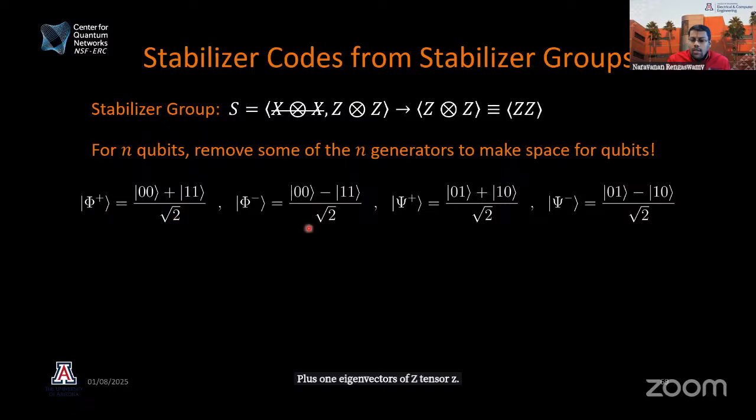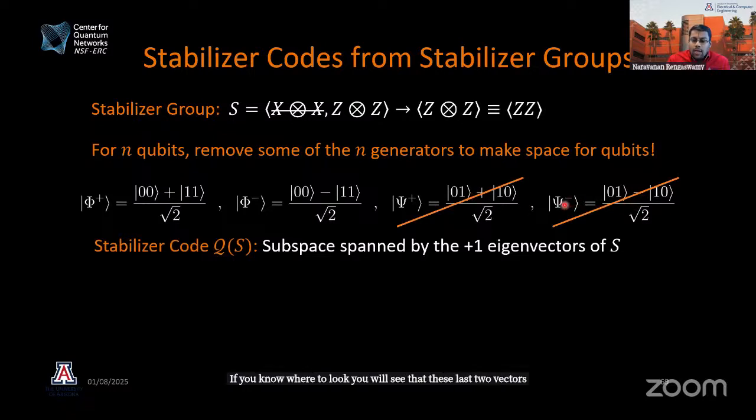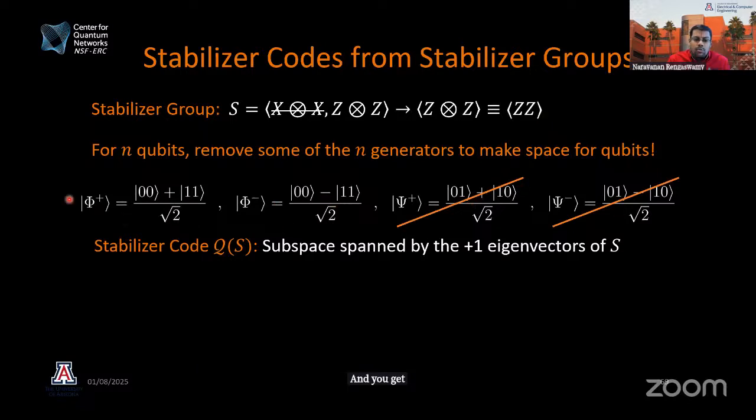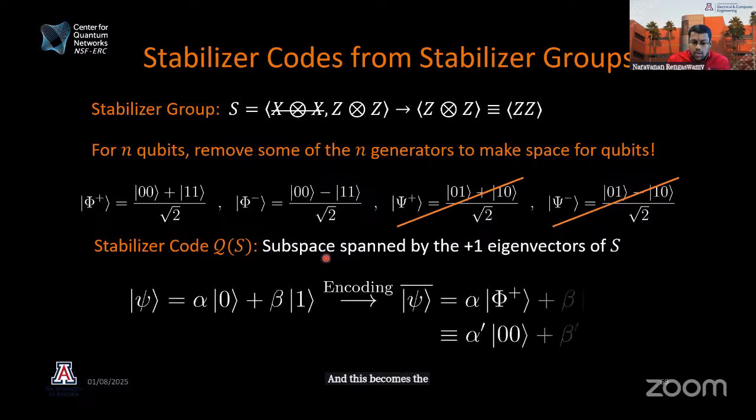So out of all these vectors, if you know where to look, you will see that these last two vectors will have a -1 eigenvalue for ZZ. And so those get removed, and you get a subspace that's spanned only by the first two vectors, phi plus and phi minus. And this becomes the code space in our case.